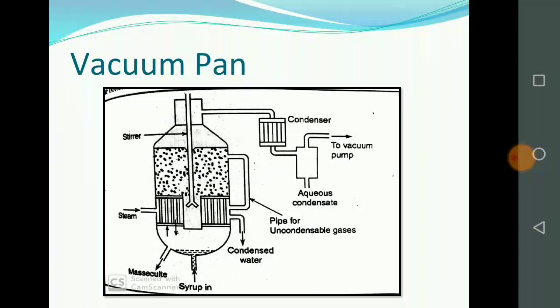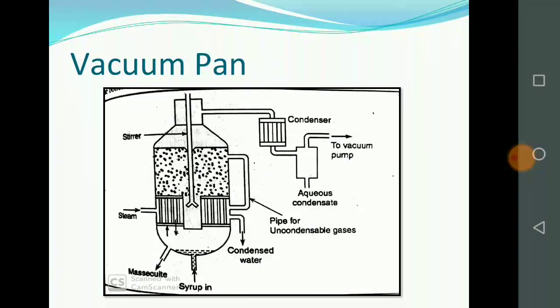The calandria fitted pan is similar to the evaporator used in multiple effect evaporation, but it is larger in diameter and the size of the tube is bigger. It is fitted with a vacuum gauge, a condenser, a thermometer, a sampling stick, a stirrer and a safety device. There are also a massecuite outlet pipe and a feed pipe at the bottom.